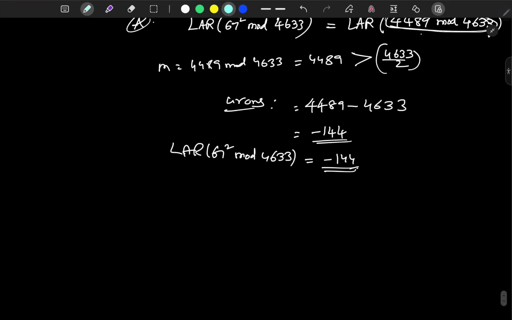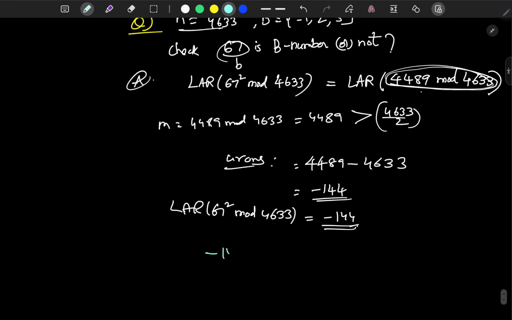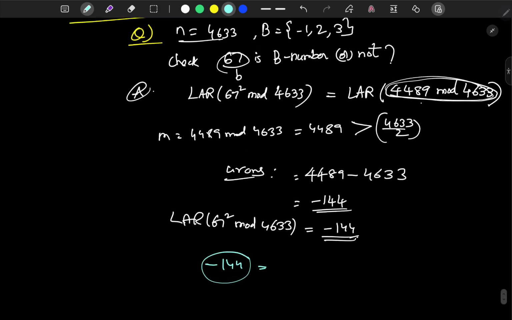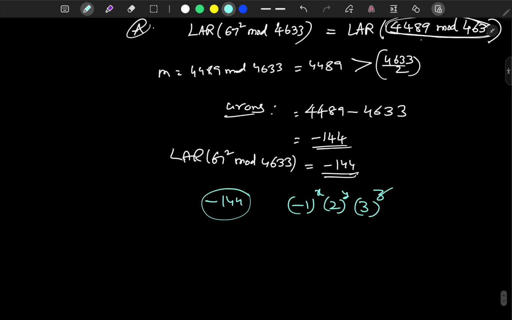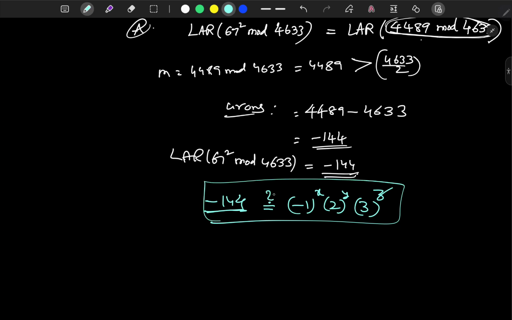Now the question is: will you be able to express minus 144 in this factorization, meaning minus 1 to the power x, 2 power y and 3 power z? Can I express 144 like this or not? That's what I am asking.